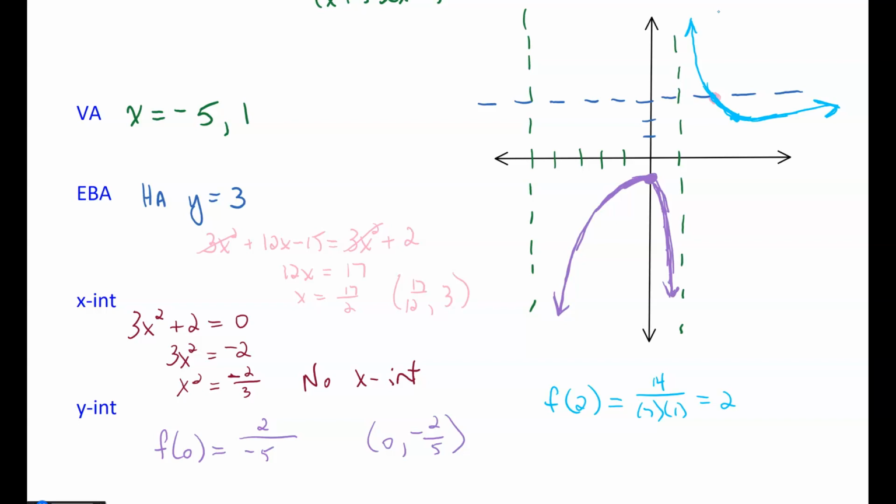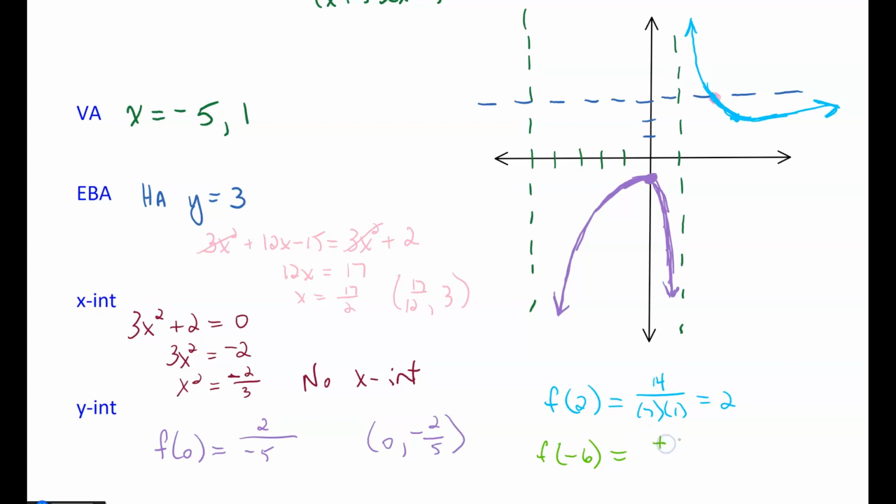All right, last thing is what is happening on the left-hand side. So I'm going to plug in -6. That's on the left-hand side there. When I plug in -6, -6 squared is positive 36, multiplied by 3 is positive.